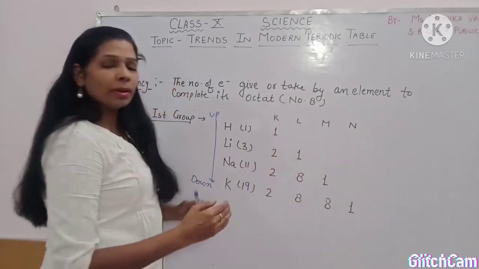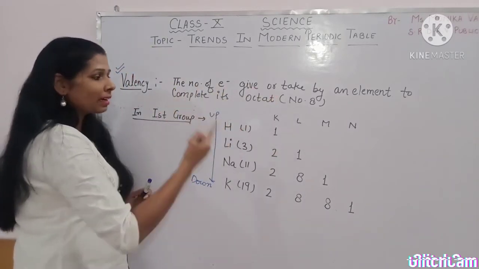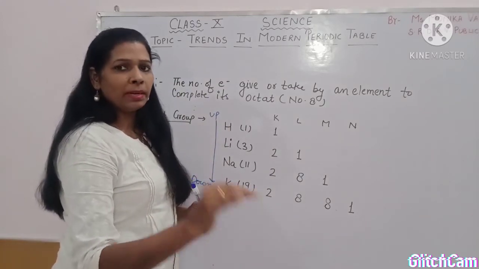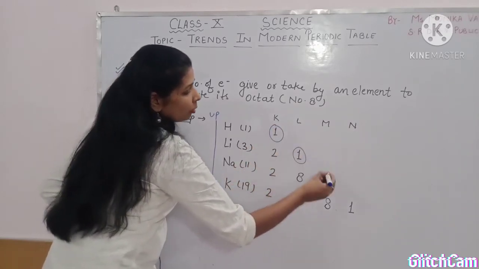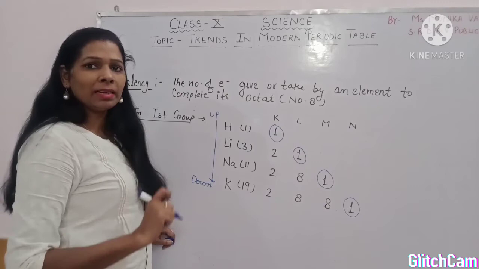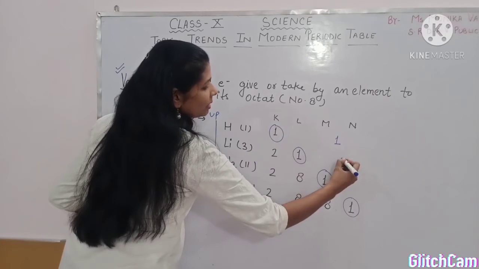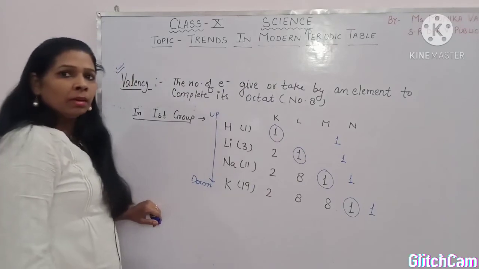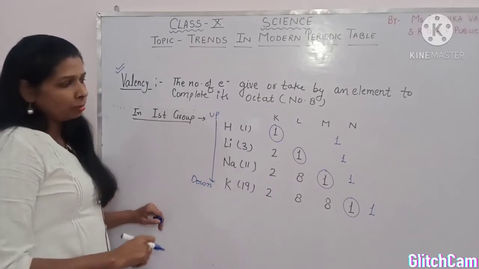As I had already discussed with you, it depends on the number of valence electrons, that is, how many electrons will be taken or given to complete the octet. As they all have the same number of valence electrons, they all have 1 electron in their outermost shell, we can say that their valency will be 1, because they all will donate 1 electron to complete their outermost shell.